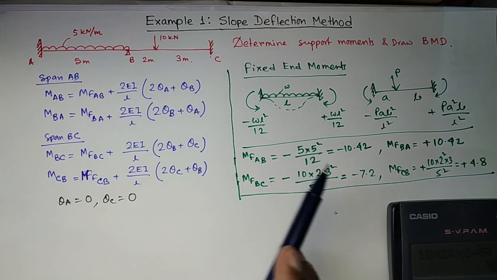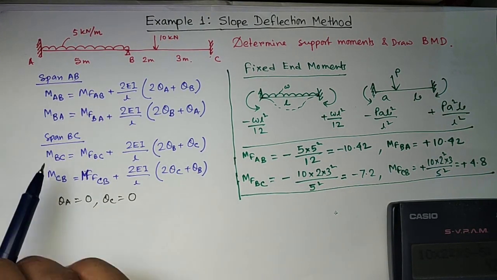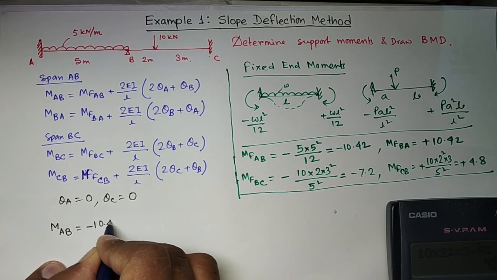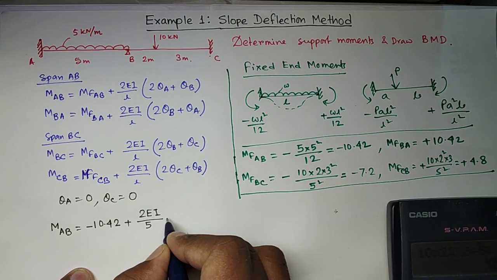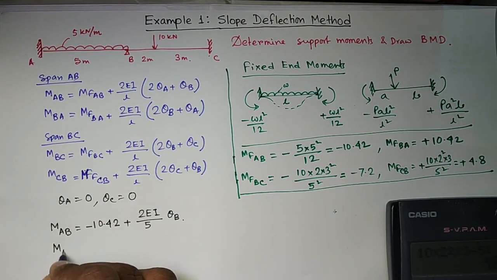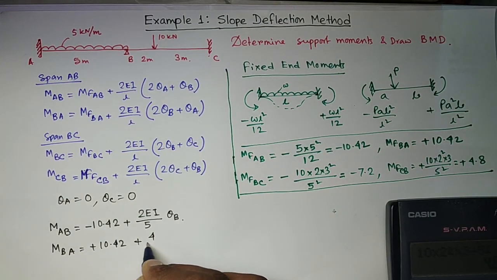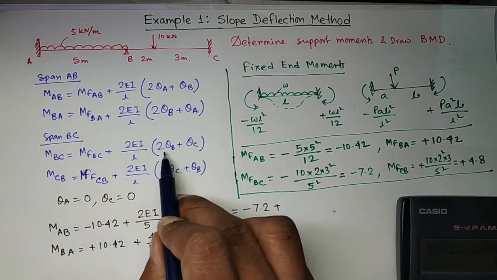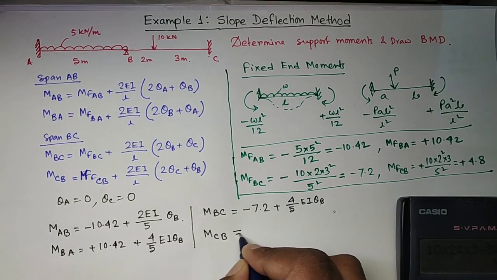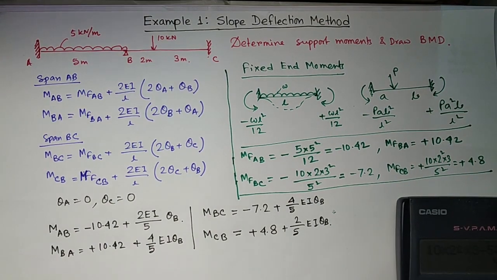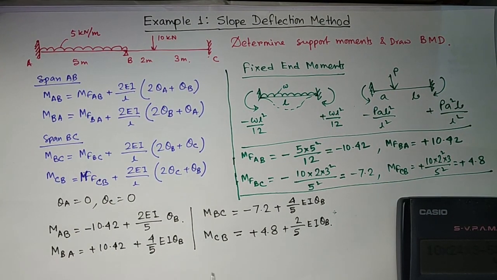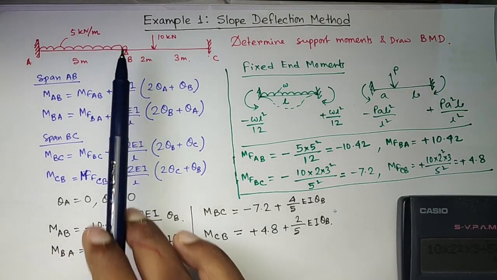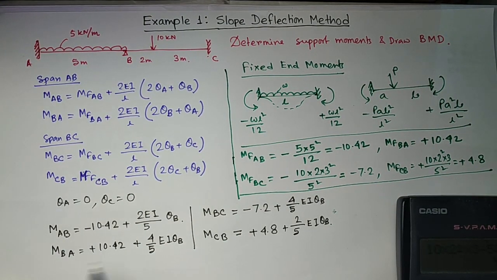So put these values into these equations. So we have found these 4 equations.